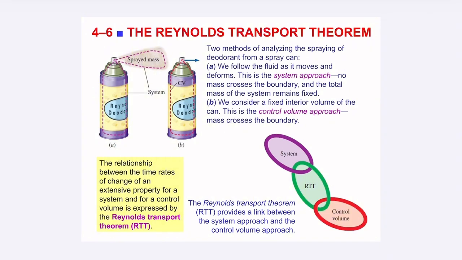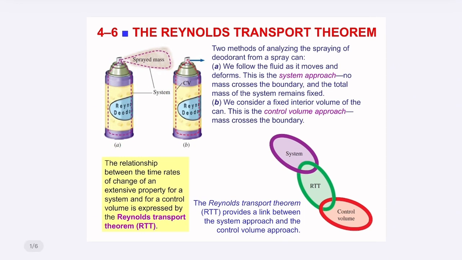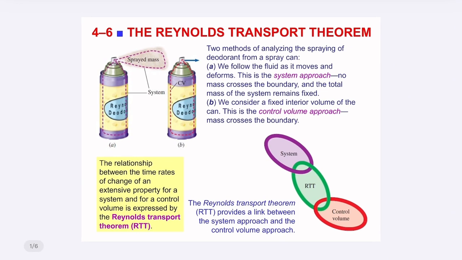If we follow the particles as they move and deform, we are using the system approach. And picture B is using the control volume approach, because imagine a fixed portion inside the spray, where mass enters and exits through its boundary. So this is the control volume approach.